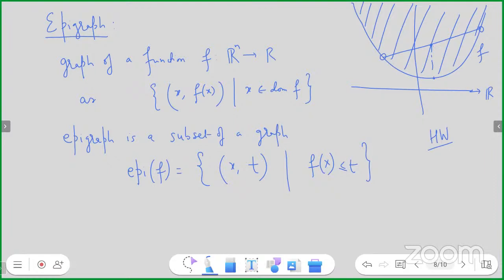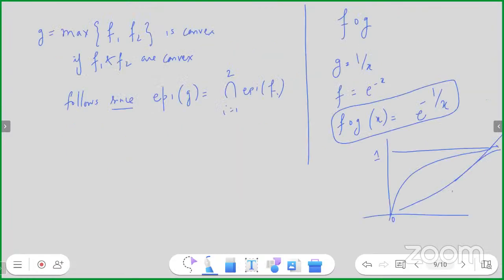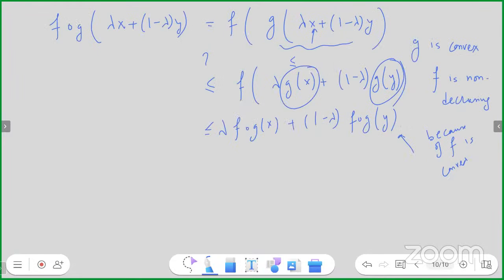More generally, differentiability is very useful because we'll also try to give examples where it's very easy to check if they're convex or not, just by looking at the necessary and sufficient conditions coming from differentiability. Here's one example where it's very easy to check if a function is convex if I knew something about the derivatives. Second derivative is trivial. For example, 1 by x, just trivial to check. But otherwise, the job is quite hard.